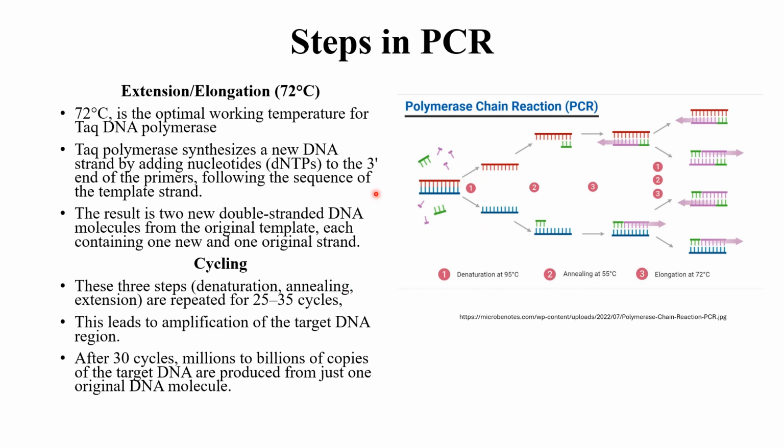Okay, so the fourth step is cycling. So this process is repeated. You can see in one cycle we are ending with 2 copies. In the second cycle, each of these will end up with 4 copies. So imagine these cycles are repeated so many times, around 25 to 35 cycles, and this means that even if there was only one copy of a particular DNA segment we wanted, we have it amplified so many times, and we can have millions to billions of copies of the target DNA, which can be produced from one molecule.